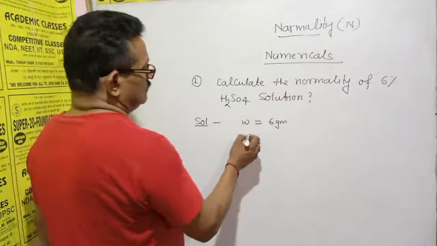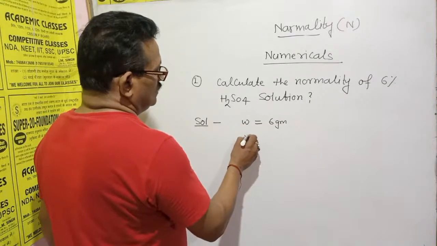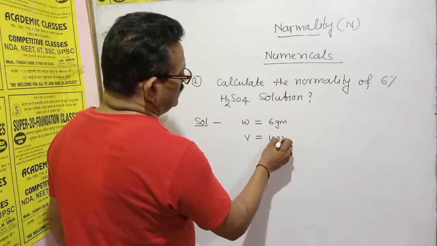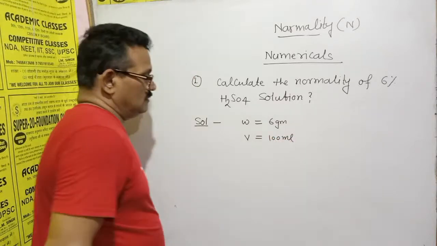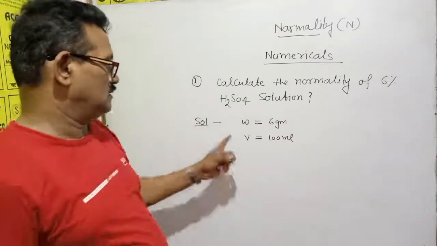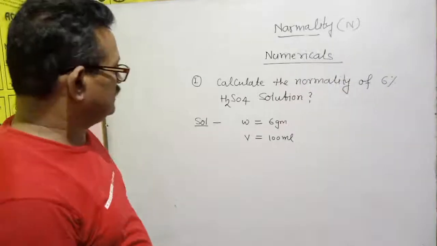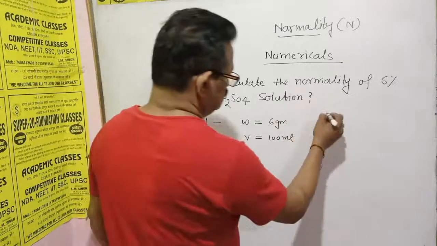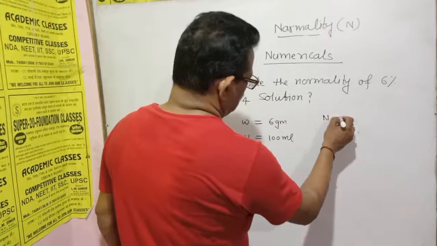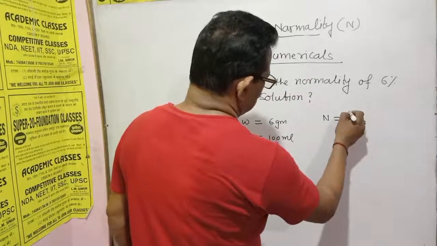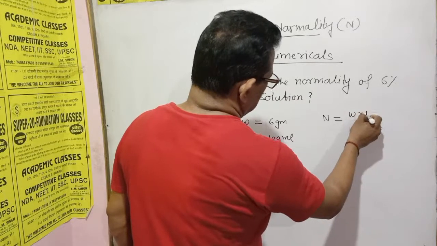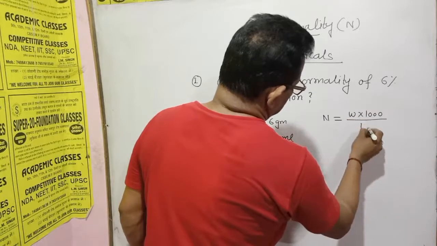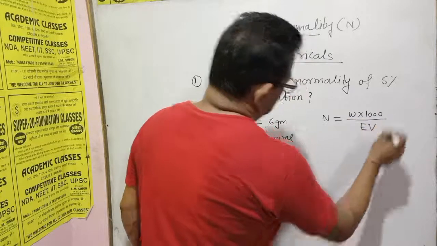And total volume of solution is 100 milliliter. And you know that the formula of normality you use: N is equal to small w into 1000 upon E into V. Your formula.